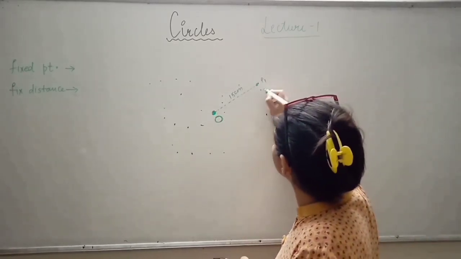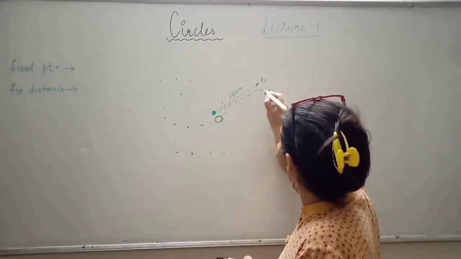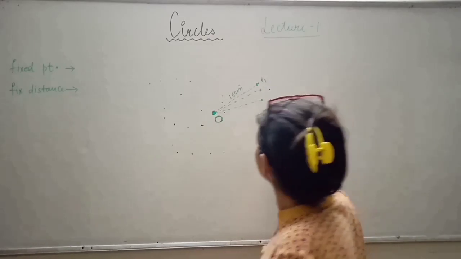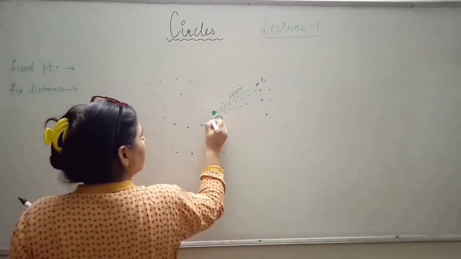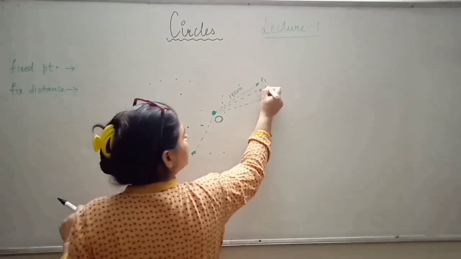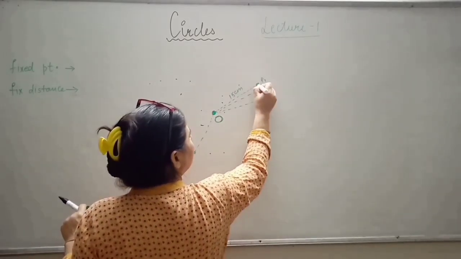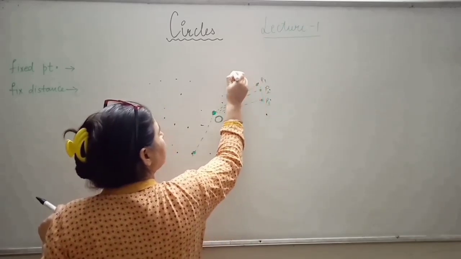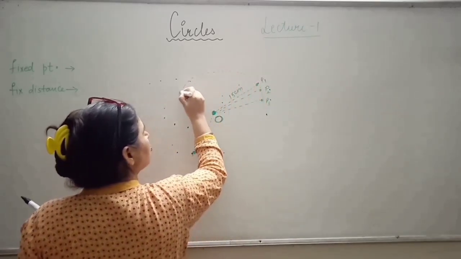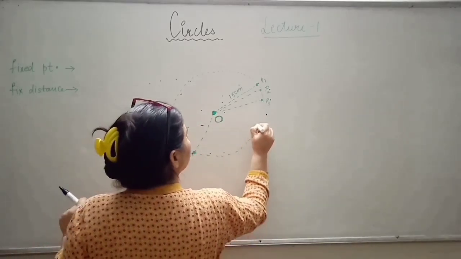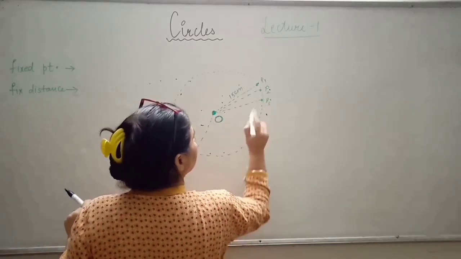This is another point, this is also at 15 centimeter. If you try to locate other points also, there are many other points. This is P2, this is P3, and there are many. So if you try to locate all those points, then you will get this type of figure.